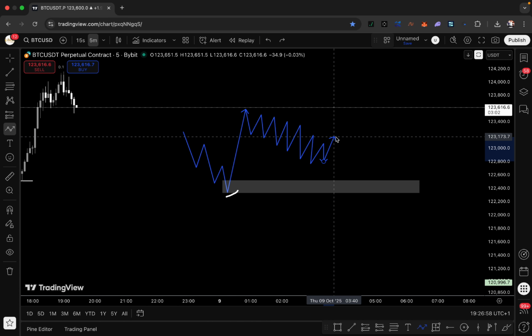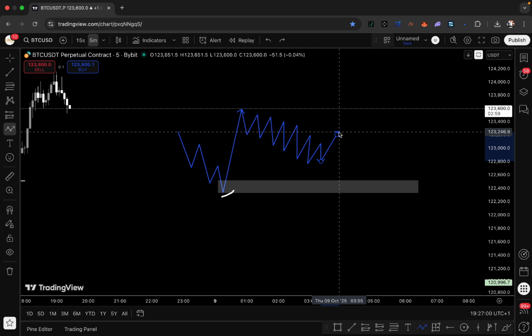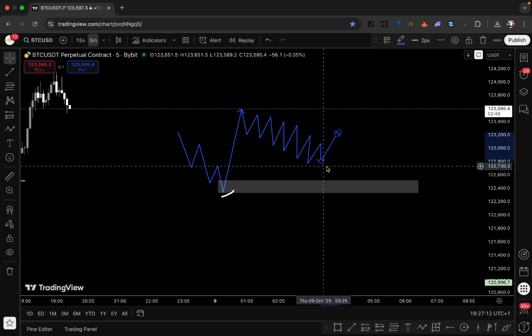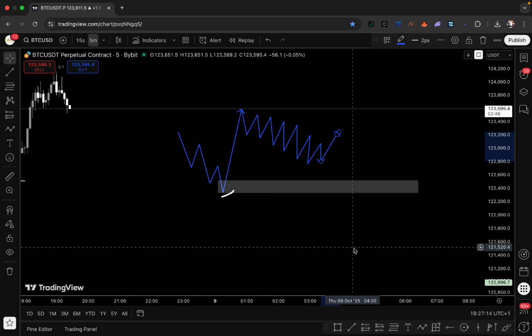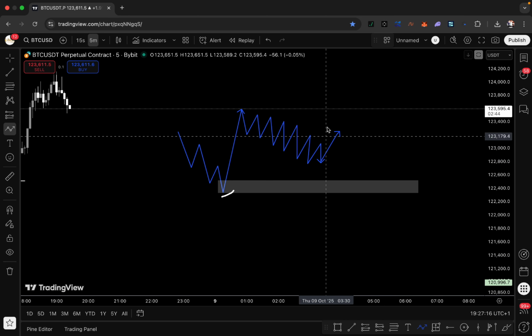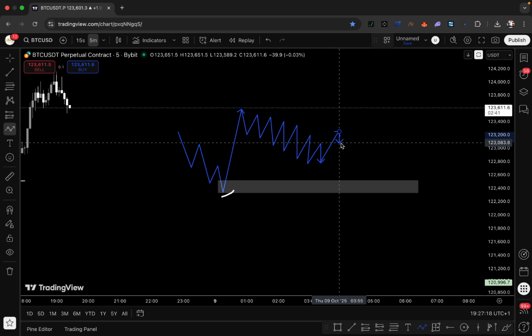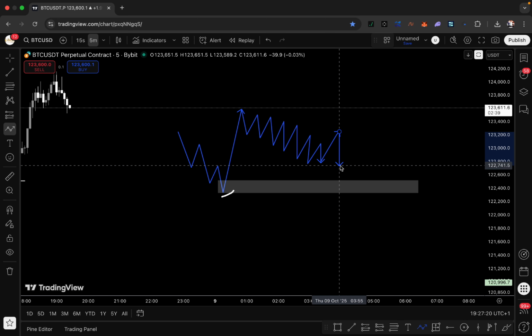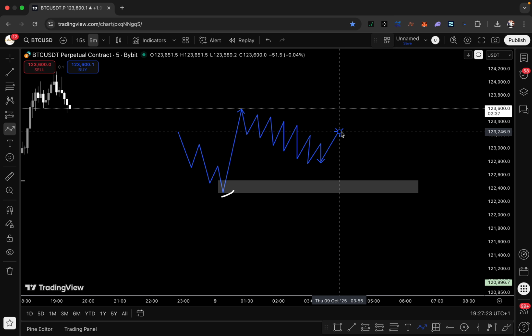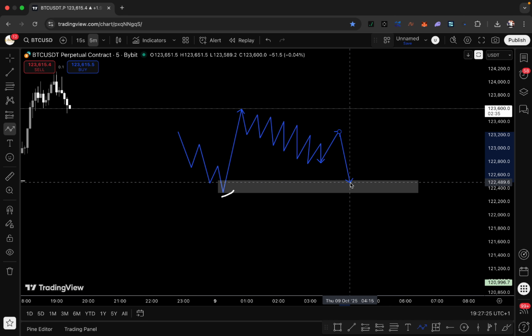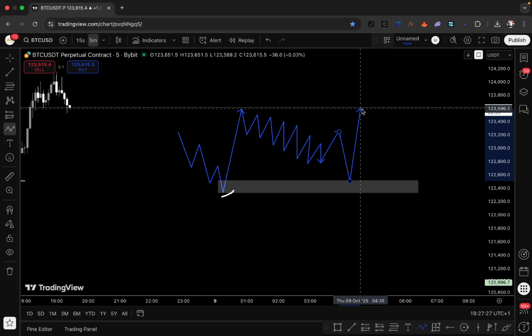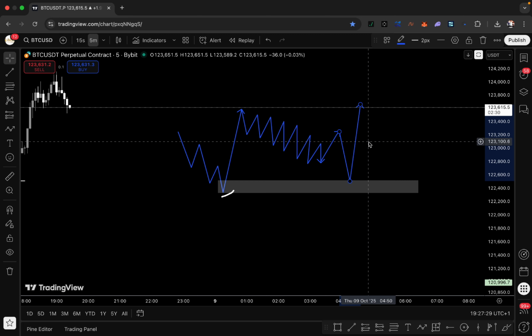Whenever it breaks structure like this, most traders who don't understand this concept will think the market is already buying and rush in, setting their stop loss somewhere around here. What happens is it will sweep every buyer here after creating a fake break of structure, then get to this POI, then boom, before buying.